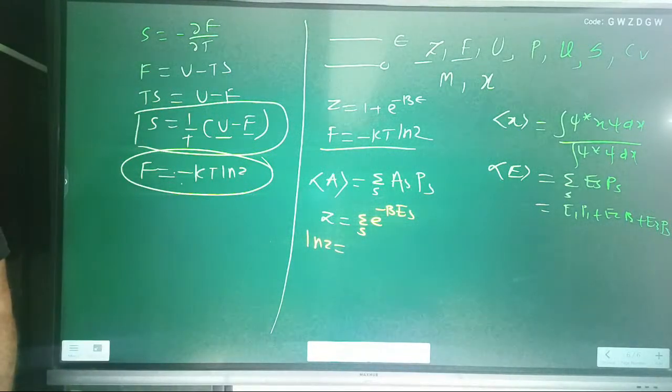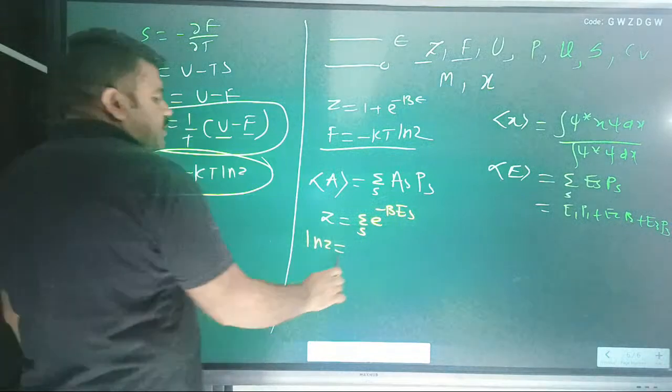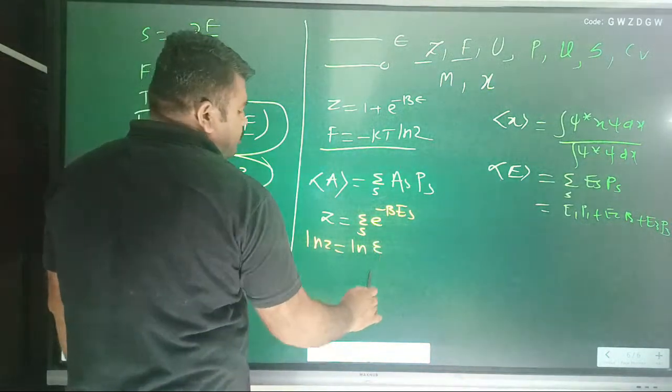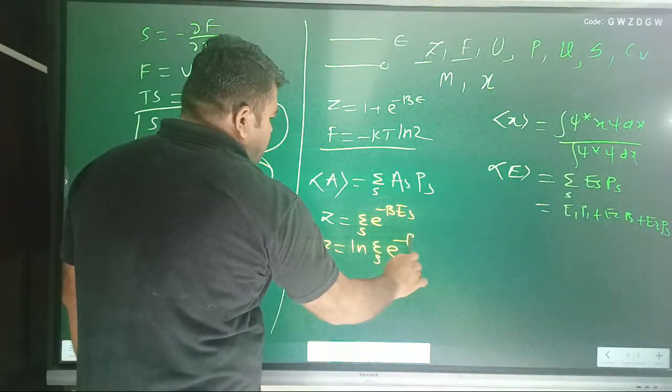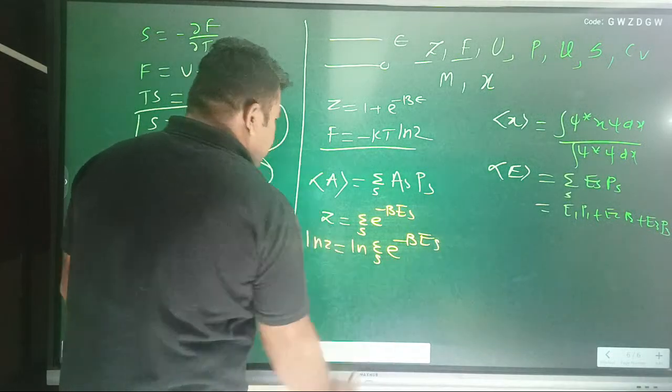Yes or no? The RHS is also ln summation over s of e to the power minus beta E_s.